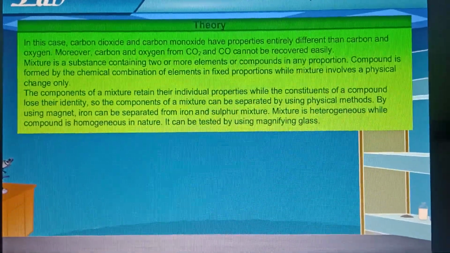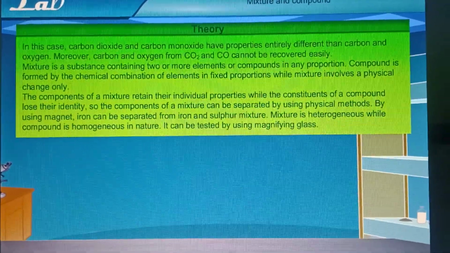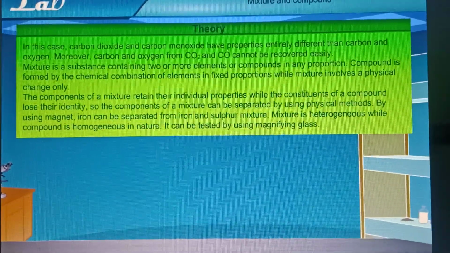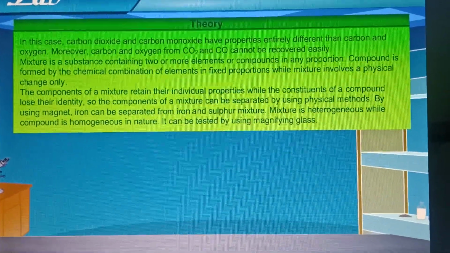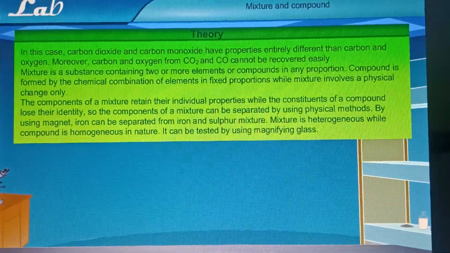In this case, carbon dioxide and carbon monoxide have properties entirely different than carbon and oxygen. Moreover, carbon and oxygen from carbon dioxide and carbon monoxide cannot be recovered easily.